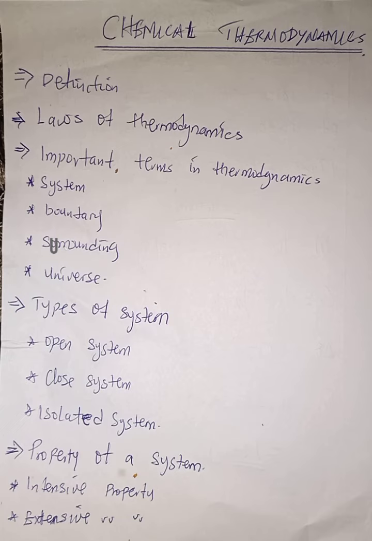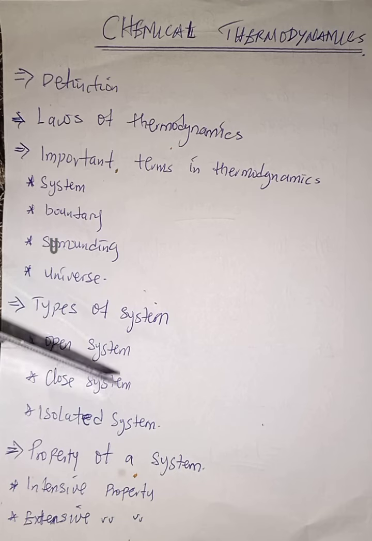Now, a system can either be open, closed, or isolated. A system is described as an open system if it allows the flow of matter and energy across its boundary.